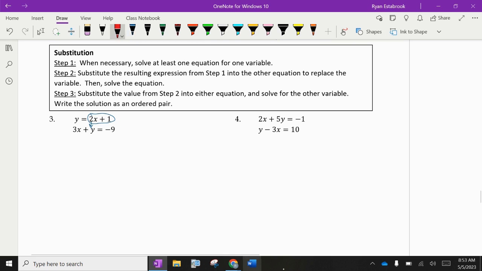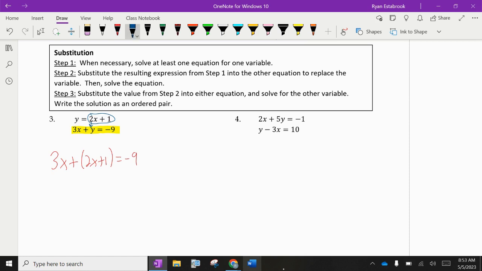So now we can rewrite this bottom equation not as 3x plus y equals -9, but 3x plus 2x plus 1 equals -9. And what we've accomplished is we've taken this second equation, and instead of having two different variables in it, now there's only the variable of x in there.